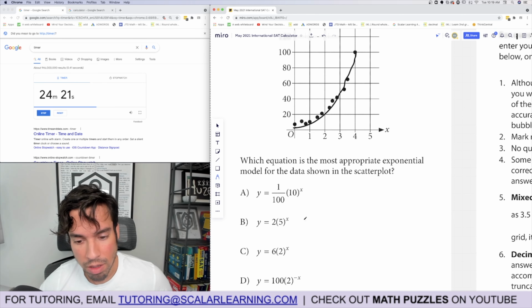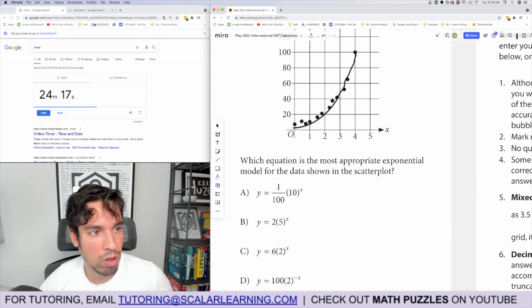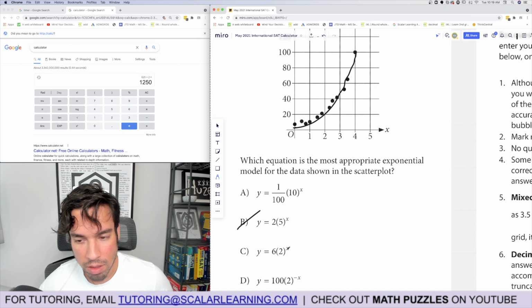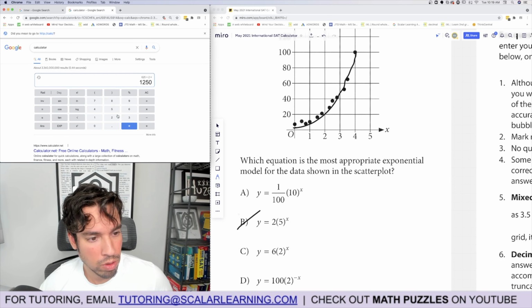Okay, interesting. 5 to the 4th, this one's definitely wrong because 5 to the 4th times 2 is way too big. 2 to the 4th is 16, right? Times 6. That one's not bad. Okay, because it's approximate.